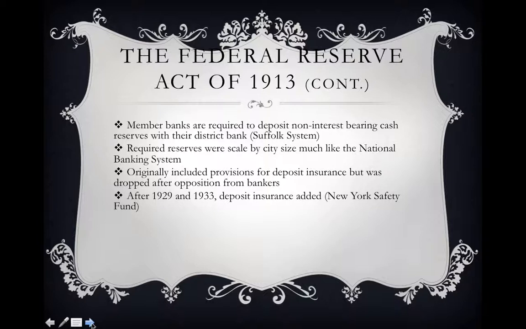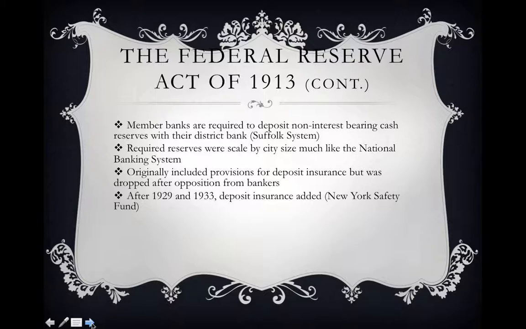All right, realize that if you're a member bank of the Federal Reserve System, you have to deposit certain amounts of cash, which you don't get interest for, with your district bank, which very much mimics the Suffolk system that we talked about previously, where you have to keep reserves on hand with the regulatory body.